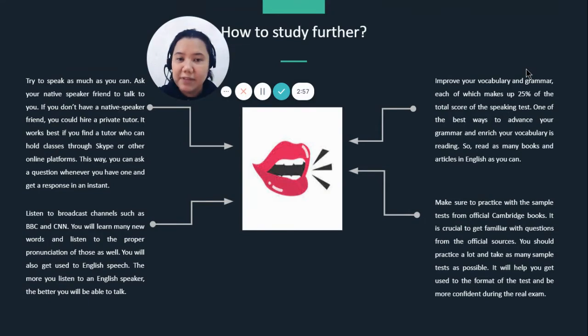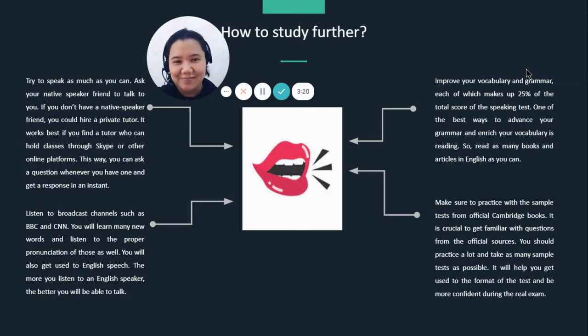And if you don't have a native speaker friend, you can always hire a private tutor. It works best if you can find somebody who can have classes with you through Skype or some other online platforms. So this way you can ask a question whenever you have one and then get a response in an instant.